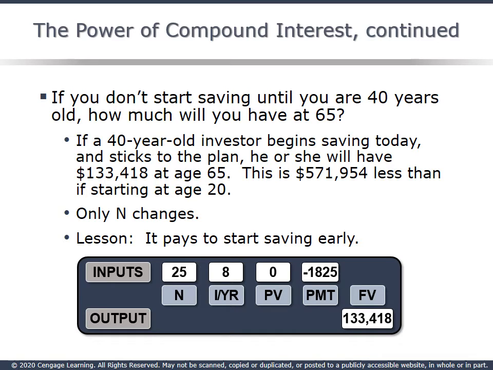So that means that N is only 25. So when she turns 65, her series of payments has grown to become only $133,418. That is a huge difference. And if this problem shows you anything, the lesson learned is it pays to start saving early.